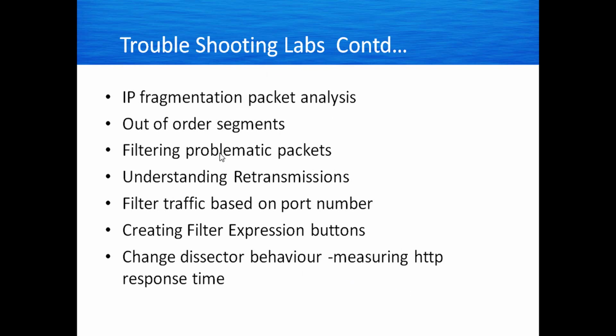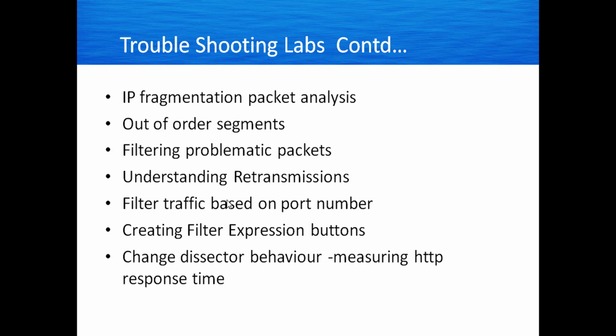And the next lab, a lot of labs we conduct like this: IP fragmentation packet. IP fragmentation occurs at layer 3. The IP is fragmenting the packet. Segmentation is done by the transport layer. Out of order segments, filtering problematic packets. If you find a packet problematic and find out the specific parameters, using the parameters you can filter such packets alone and show them on the screen.